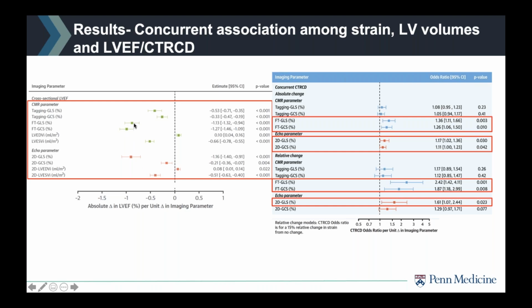However, of these, feature tracking GLS, GCS, and LV end systolic volume, and 2D GLS and LV end systolic volume index had a higher impact on absolute change in LVEF. And when it comes to concurrent CTR-CD, absolute and relative changes in feature tracking GLS and GCS predicted concurrent CTR-CD, and echo parameters with 2D GLS also predicted concurrent CTR-CD.